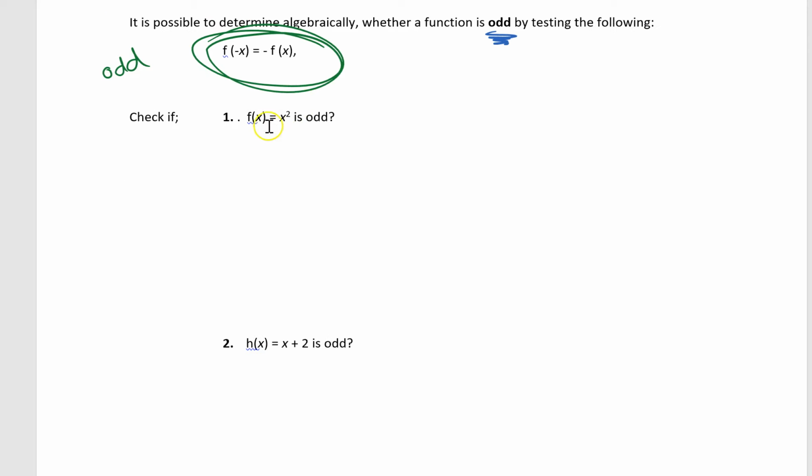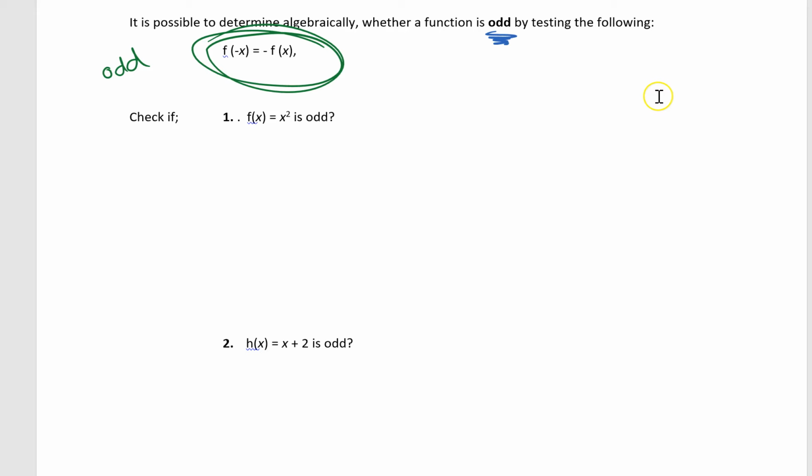I'll now do an odd example, and so it says check if f of x equals x squared is odd. Just by the way, before I get to that answer, it's important to know that some functions will be odd, some functions will be even, and some functions will be neither.